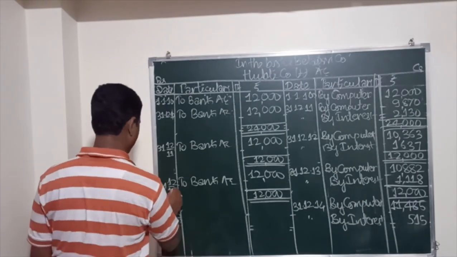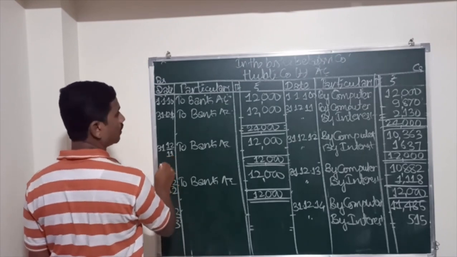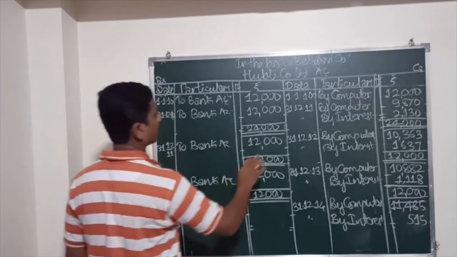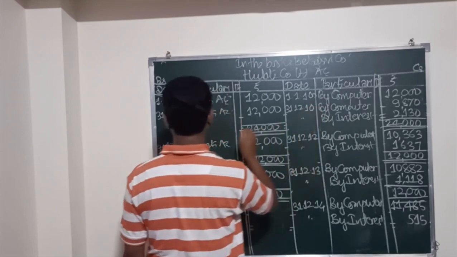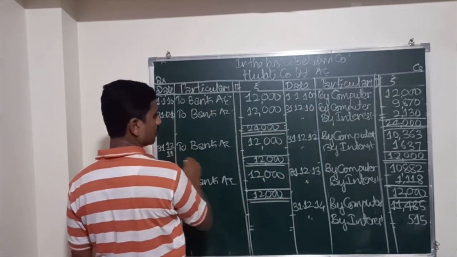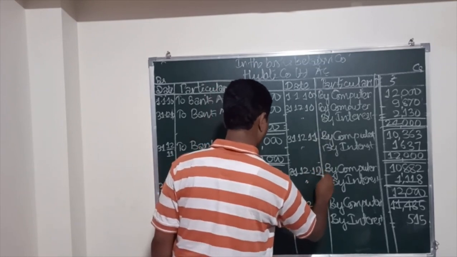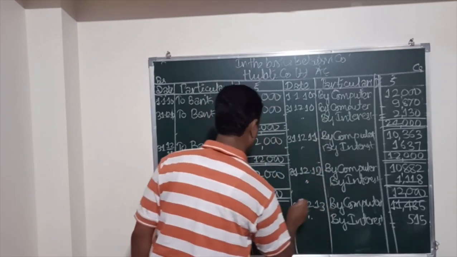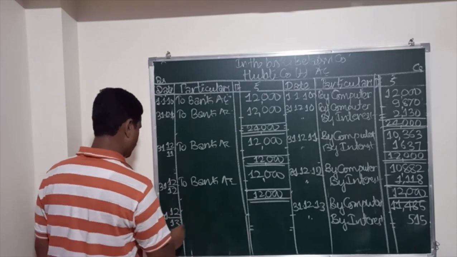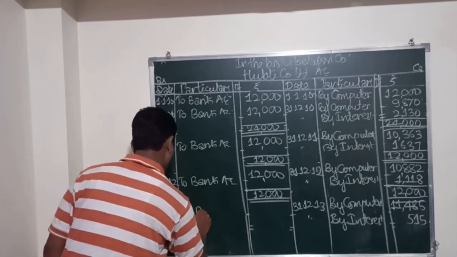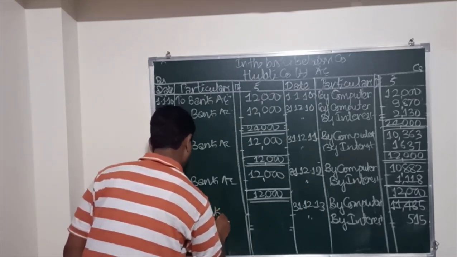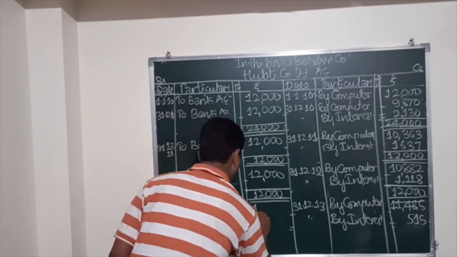Sorry, 14 it is. This is 10, this is 10, 11 it is, this should be 12, this should be 13. Okay. So to bank account 12,000.